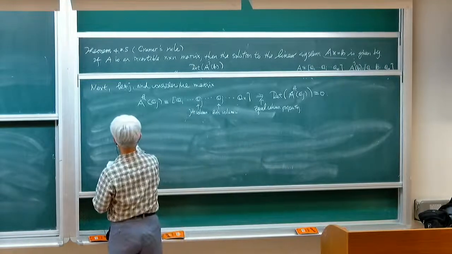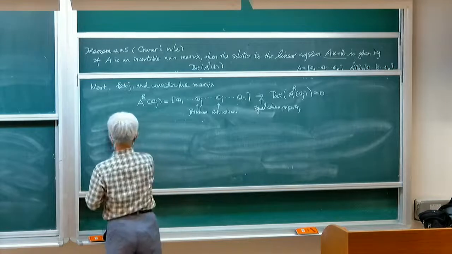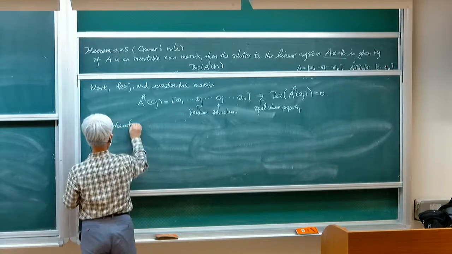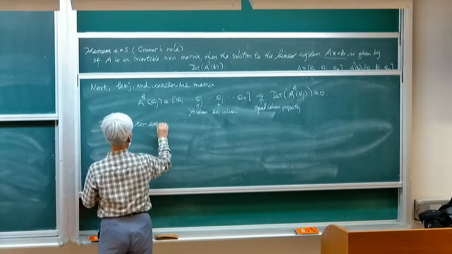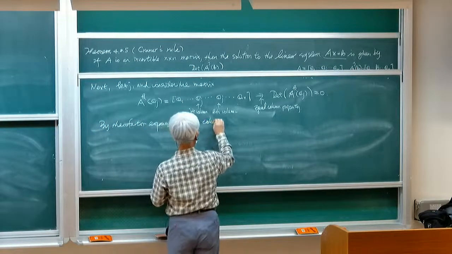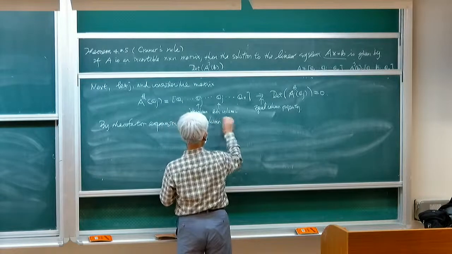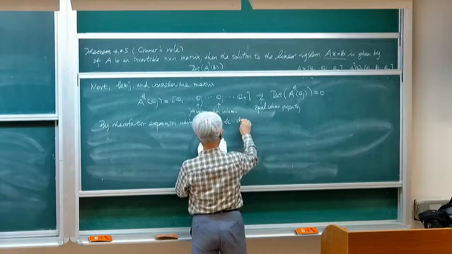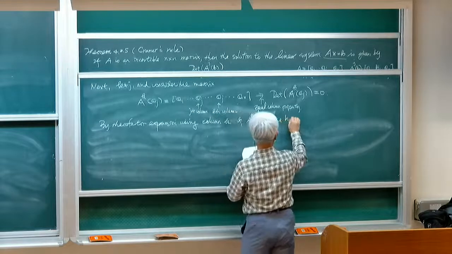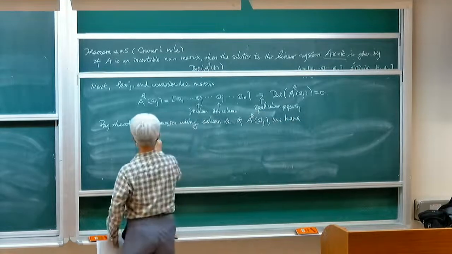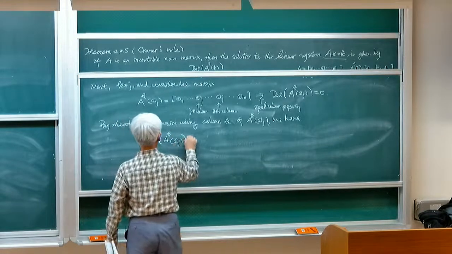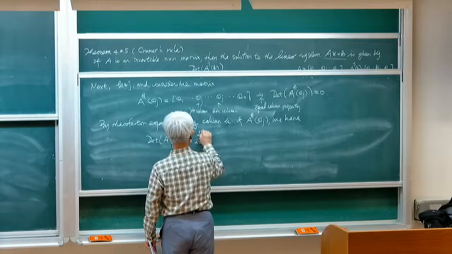So by the cofactor expansion using column k of A_kj, we have the determinant of A_kj equal to the sum for i from 1 to n.